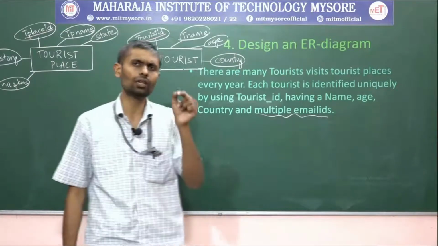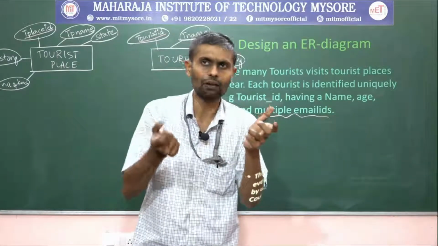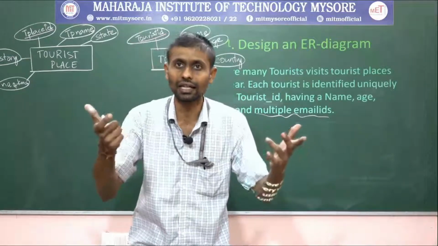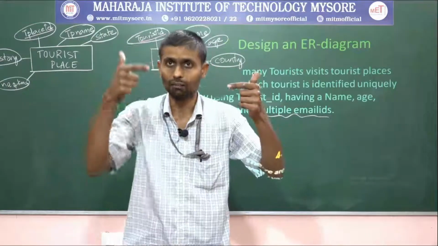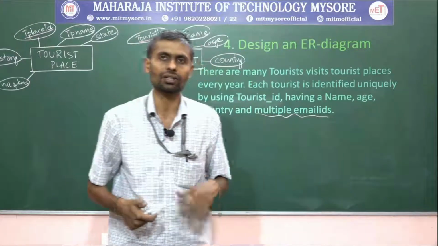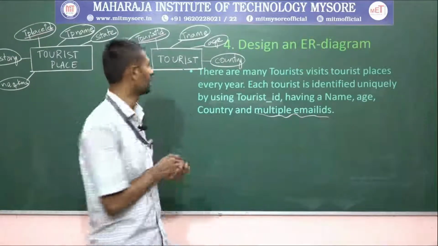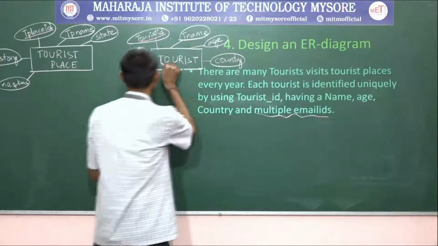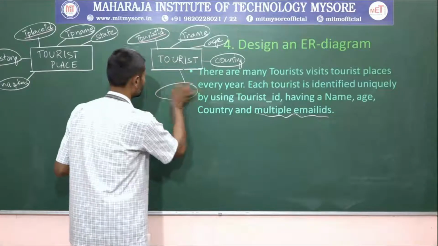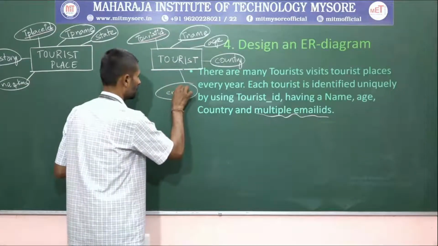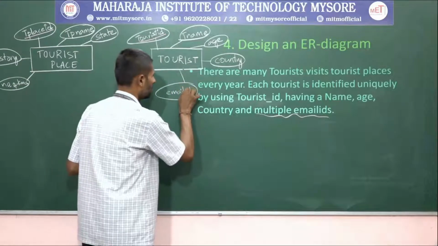So each and every tourist entity might have multiple email IDs. One instance having multiple email IDs is an indication that it's a multi-valued attribute, right? So let me record this email ID as what?